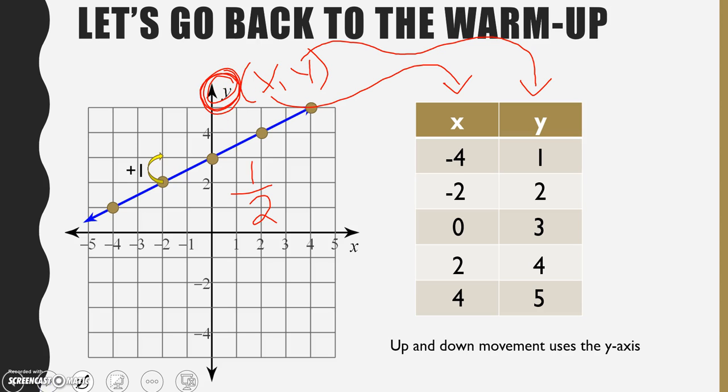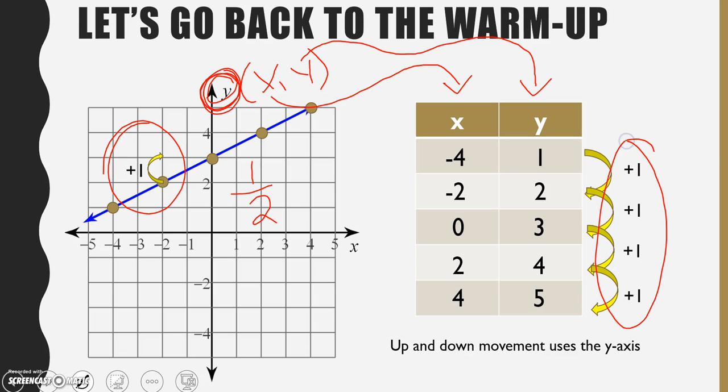So if we look at our y values in the table and we look at a pattern here, we're going from 1 to 2 to 3 to 4 to 5. Well, each of those, in order to get to the next one, we're just adding 1. So you can see that either from the graph or from the table, we're getting the exact same pattern of adding 1. So let's see if that happens with our x values.